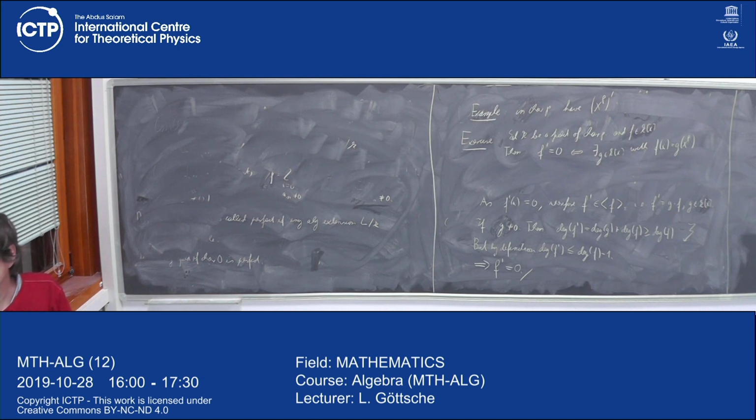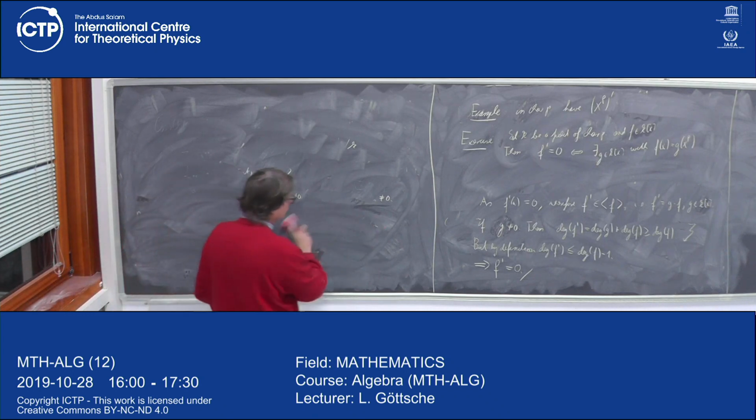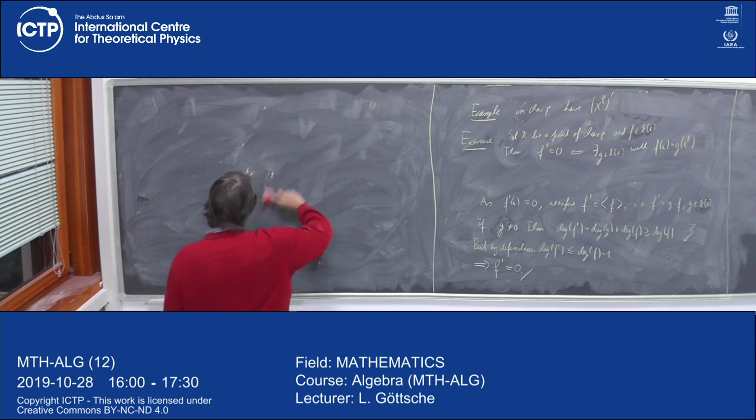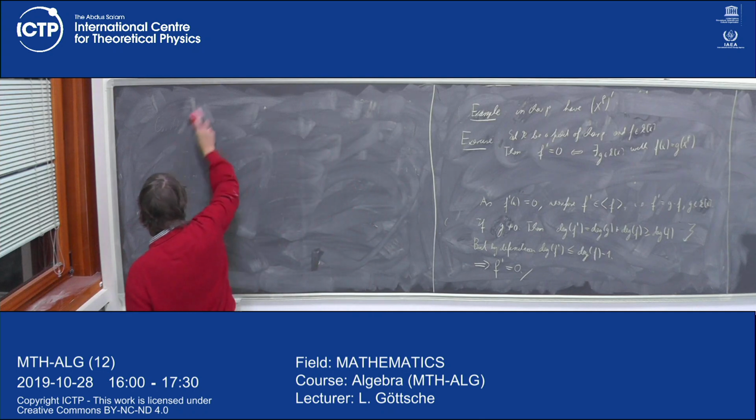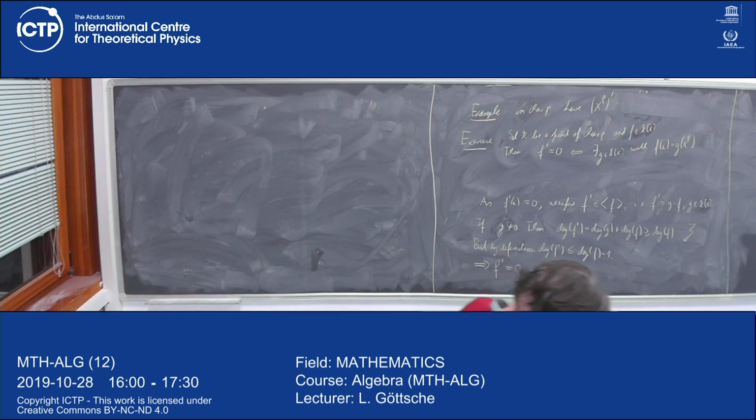Yeah, the quotient field of the polynomials over the finite field. You could try with that, but I haven't checked whether it's true. But I think that most likely would be an example.